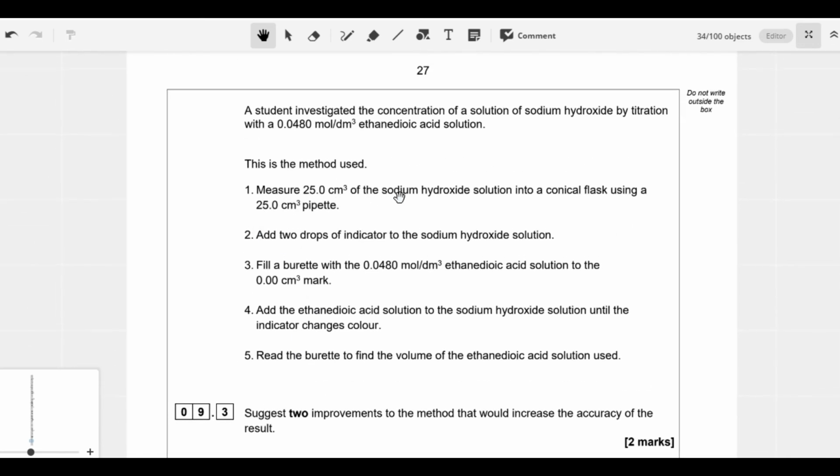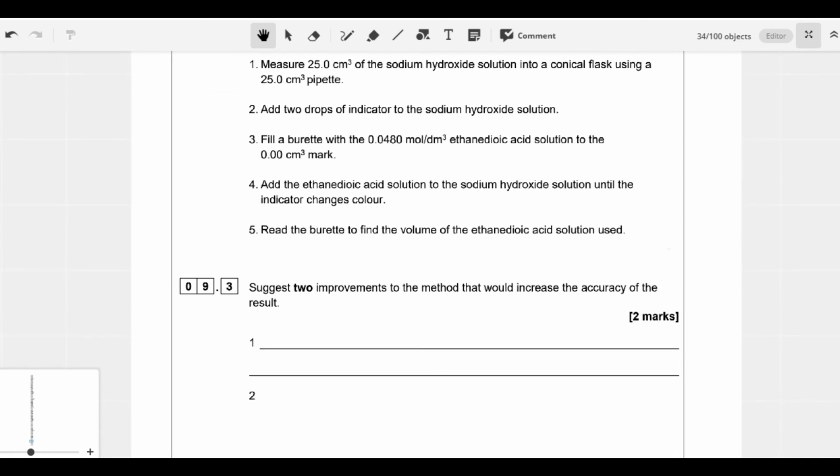Measure 25 centimeter cube of the sodium hydroxide solution into a conical flask using a 25 centimeter cube pipette, and add 2 drops of indicator to the sodium hydroxide solution. Fill the burette, and add the ethanedioic acid solution to the sodium hydroxide solution until the indicator changes color. Read the burette to find the volume of ethanedioic acid solution used. Suggest 2 improvements to the method that would increase the accuracy of the result.